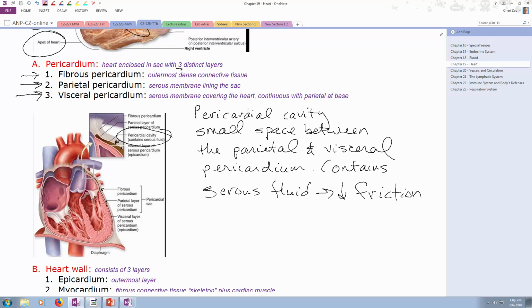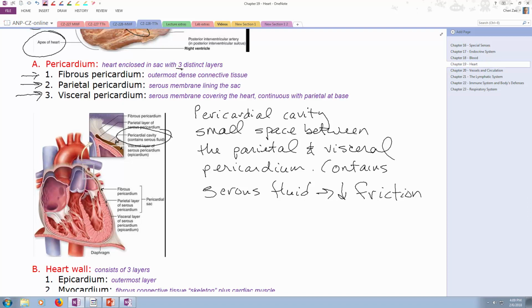Now, what about if you don't have that serous fluid there? What if there's an inflammatory process that decreases the serous fluid and causes collagen cross-bridging between the two serous layers? That's pericarditis. It's an inflammatory process, and that is also going to restrict the movement of the heart, but nowhere near as restrictive as if the whole area is filled up with fluid, which will limit the heart movement.